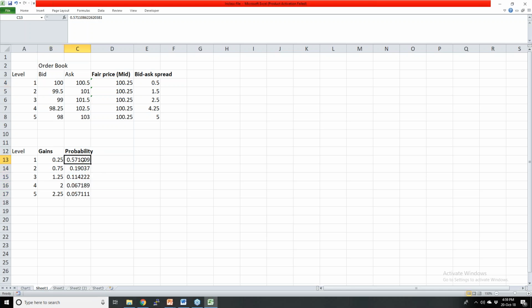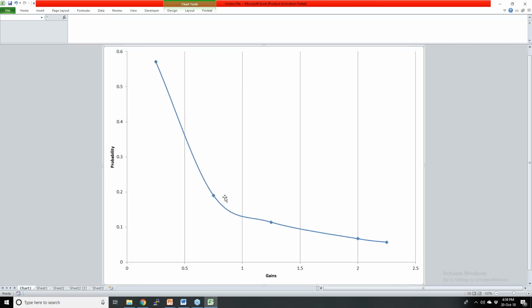I've just used some function. Obviously, if you're at the best bid, your probability of getting executed is higher. If you're at level 5, your gains would be high, but your probability of getting executed is very low. So you'll always see a chart something like this: as your gains increase, your probability of getting executed decreases.